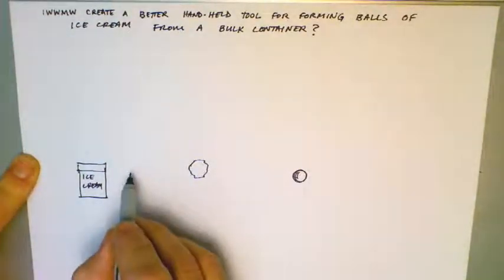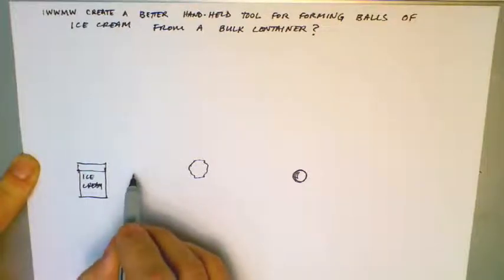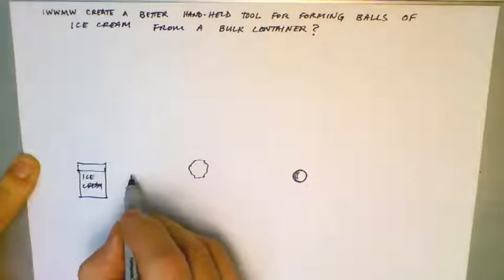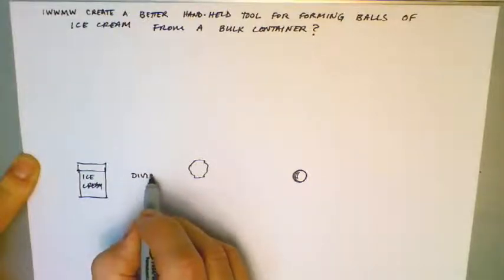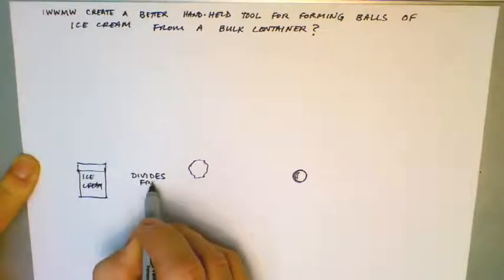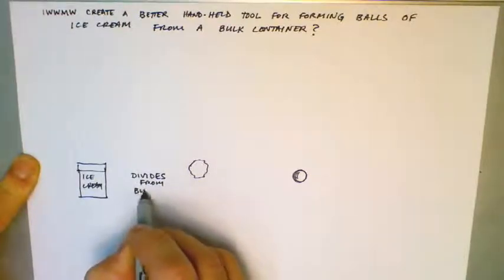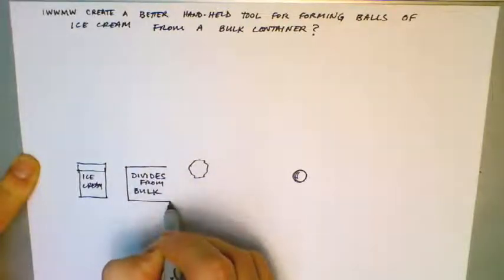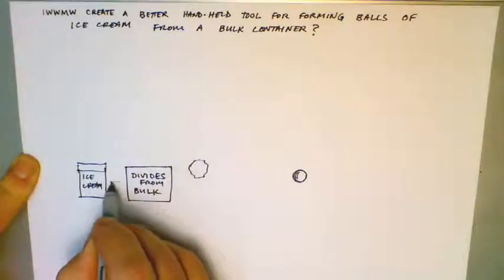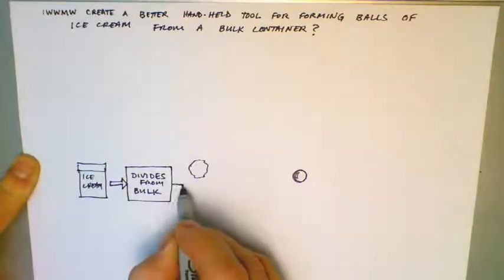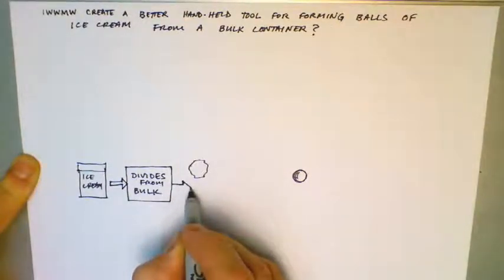And so the first thing, if you want to think about it functionally, that happens here is an ice cream scoop divides from bulk. So it takes the bulk ice cream and it divides it from the bulk.